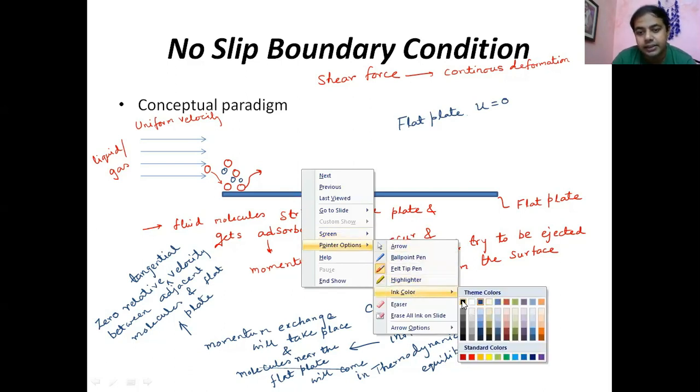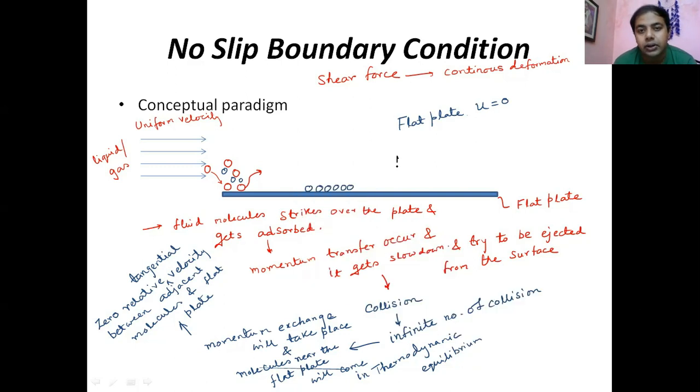So this condition is known as the no-slip boundary condition. Whatever the flat plate velocity, the adjacent molecules have the same velocity.